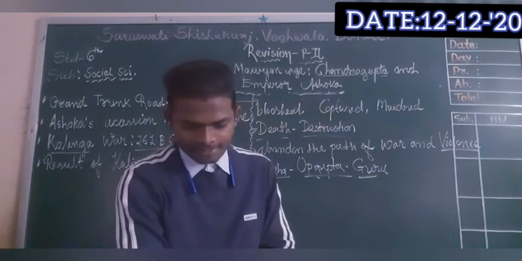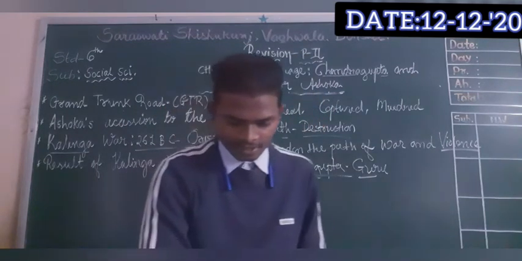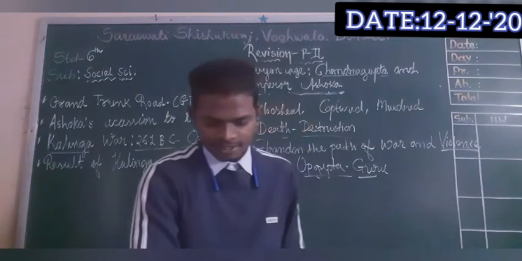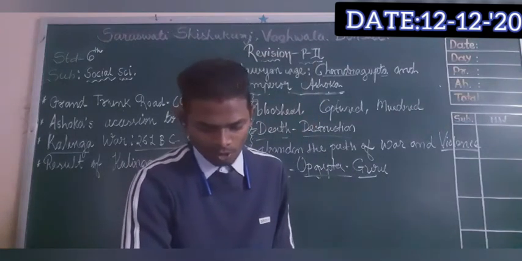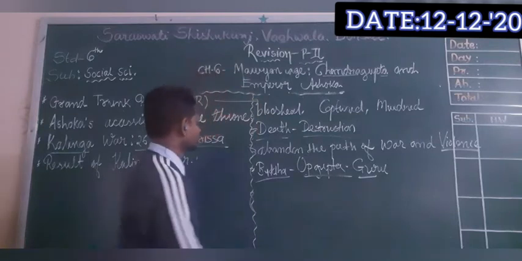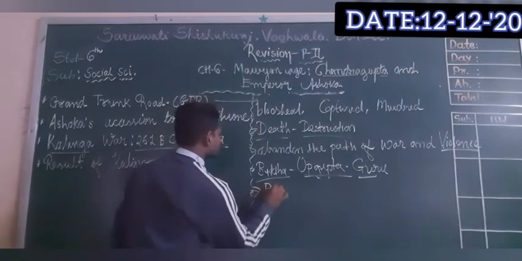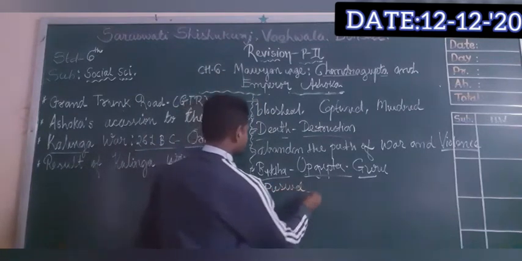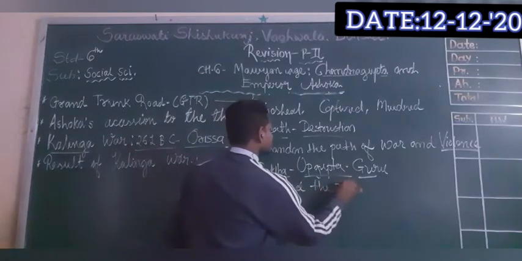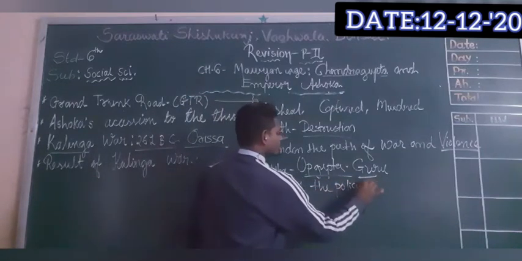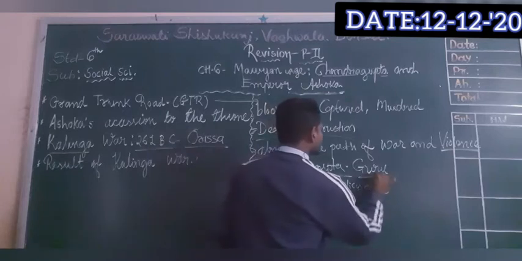So Ashoka gave up his ambition of Digvijay, or victory in all directions, and pursued a policy of Dharma Vijay.